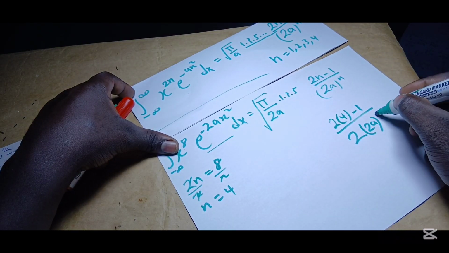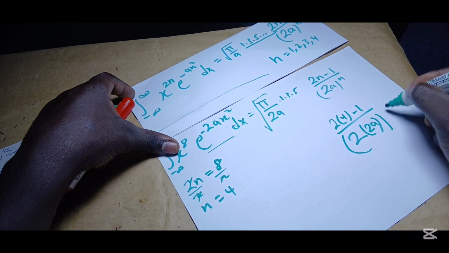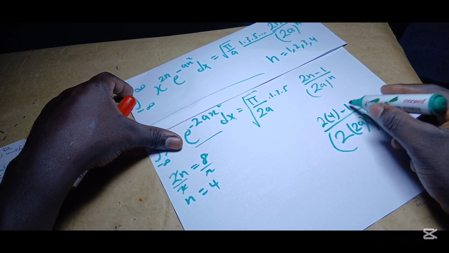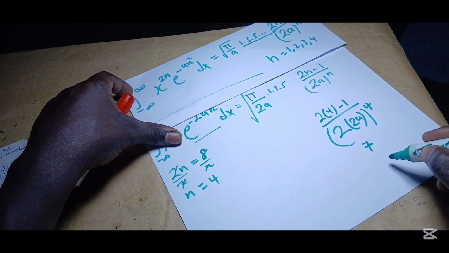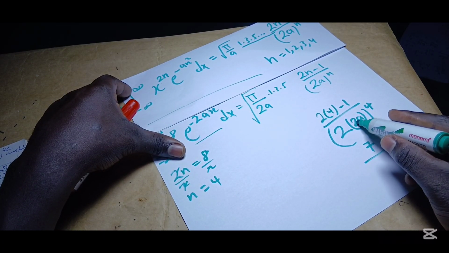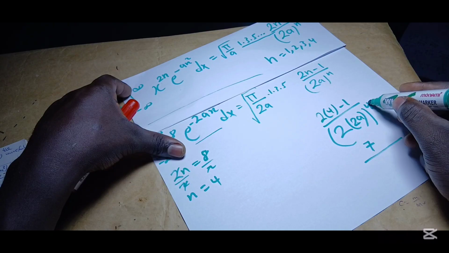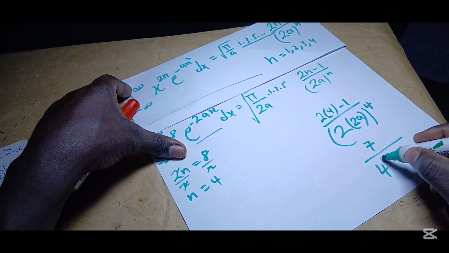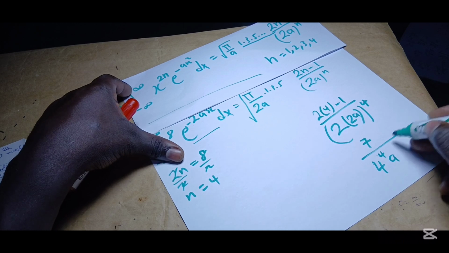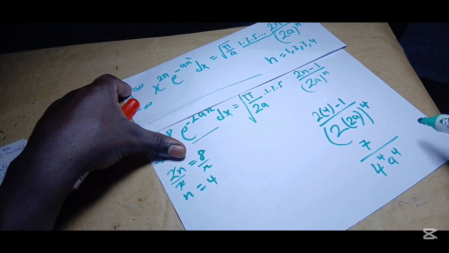So 2a all to the power n, and our n is 4. So 2 by 4 gives us 8, minus 1 gives us 7. So 7 all divided by 2 by 2 gives us 4, then 4 to the power 4, a to the power 4. That's what we get here.